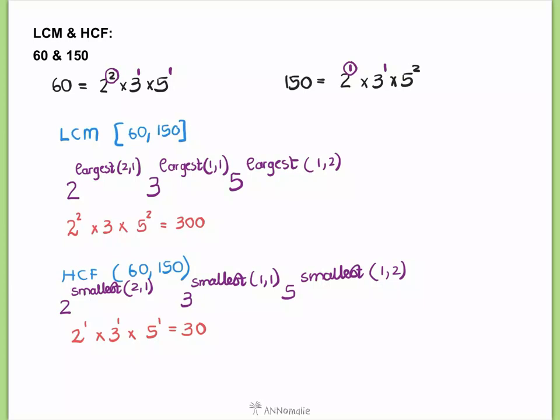Therefore, this is the most effective algorithm so far to find the lowest common multiple and highest common factor. Something very interesting is that the lowest common multiple of 60 and 150 times the highest common factor of 60 and 150 will result in 60 times 150, which in this case equals 9,000.